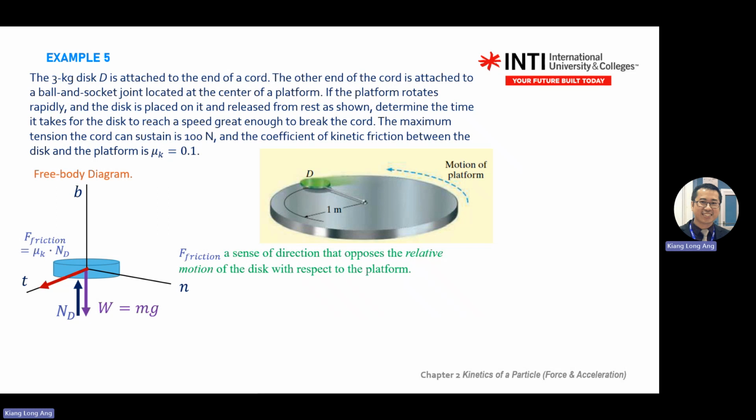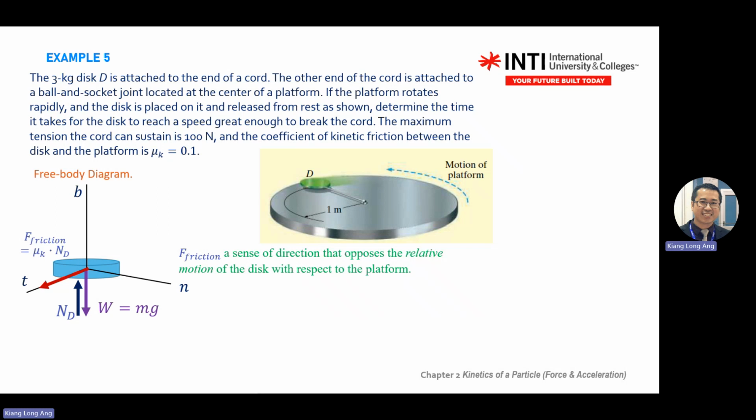This is the green body. This is the platform. So the platform, maybe I draw in 3D. So the platform will turn in this direction, right? So if you split the two, this is the green ball, this is the platform. So if the two bodies contact, this one goes here.